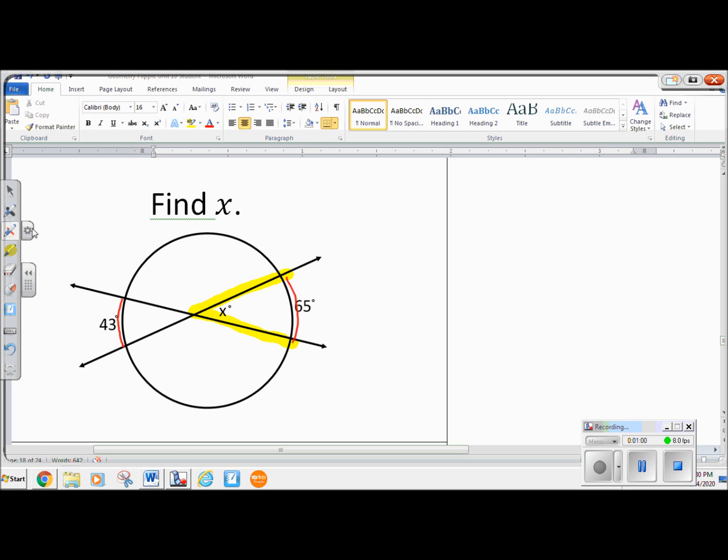The formula we will use here is that the cone is equal to half of the sum of the scoops. This formula will work whether the intersection of the two lines is inside the circle, on the circle, or outside the circle.